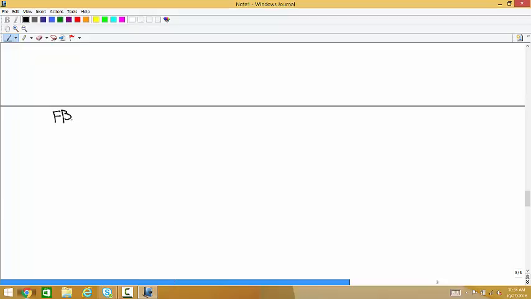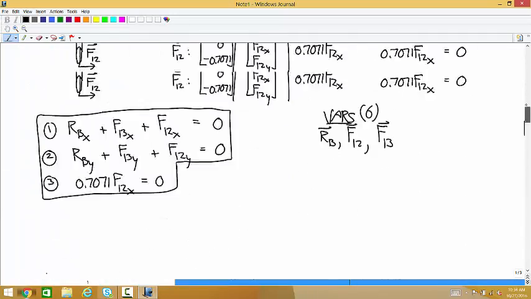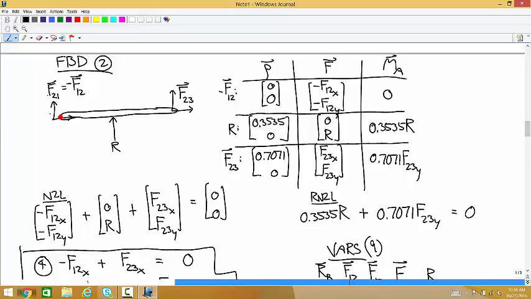And then a free body diagram of member 2. That looks like this. We have negative F12 on the left, F23 on the right, and then R in the middle.